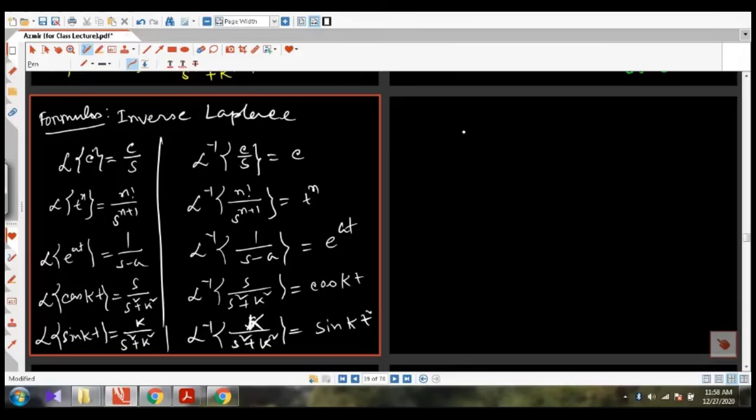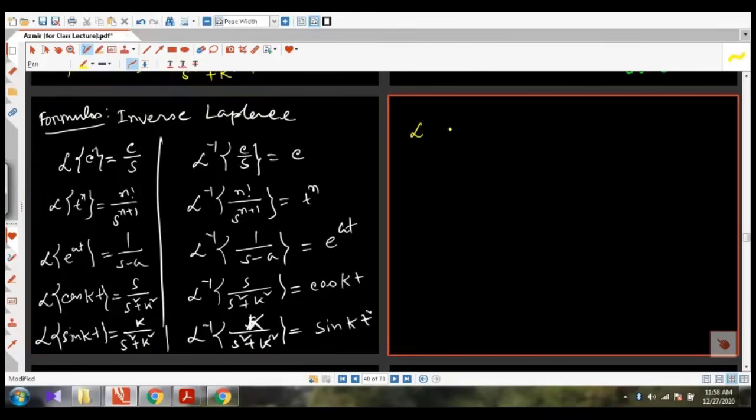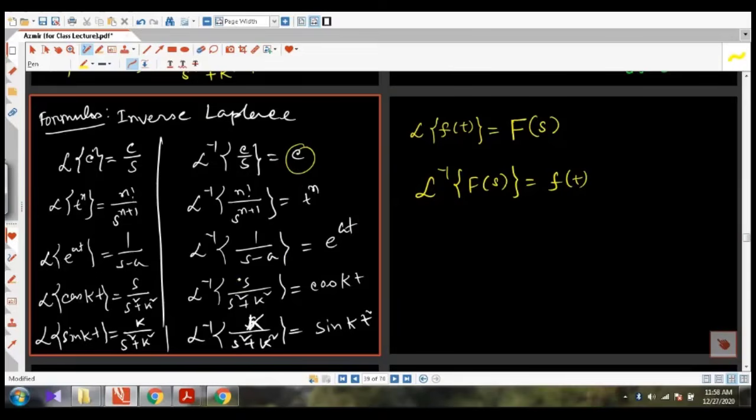So in short, we can summarize that if we have Laplace transformation of f of t, we will get f of s, and inverse Laplace transformation of f of s will be the main function f of t. All these are the main function f of t with time variable.